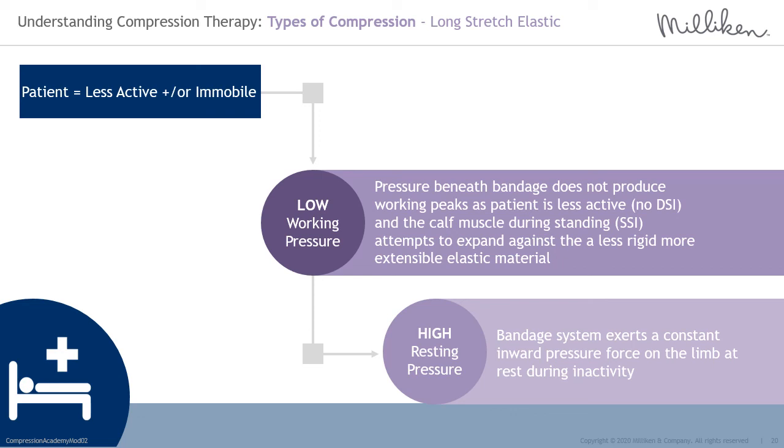Due to the high elasticity of the materials, long stretch offers lower resistance, delivering lower working pressures. Resting pressures are high as the bandage exerts a constant pressure or force to the limb at rest or during inactivity. Sometimes this option can be less comfortable for patients to wear, particularly at night.